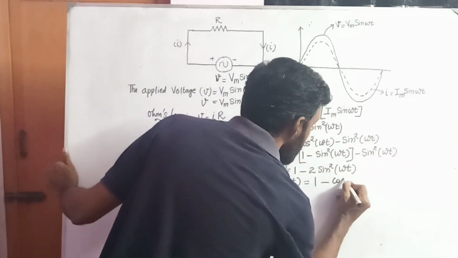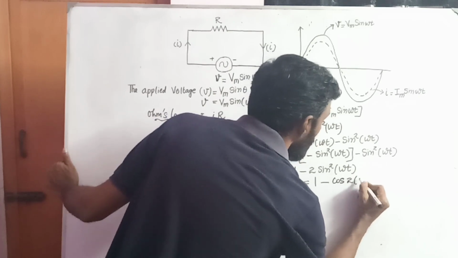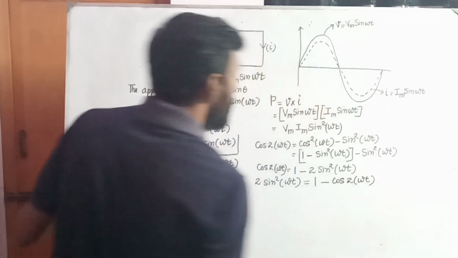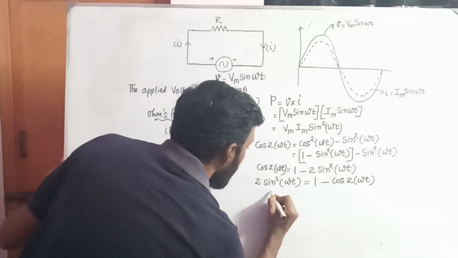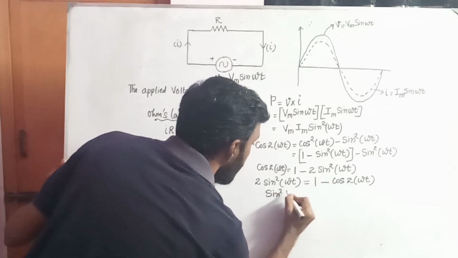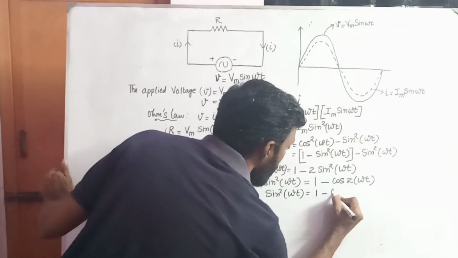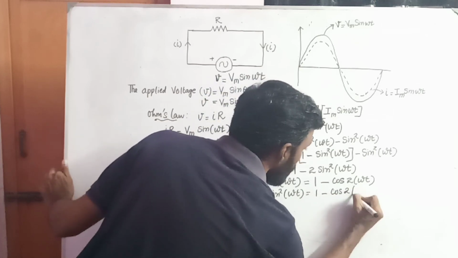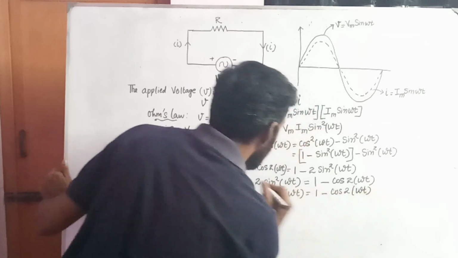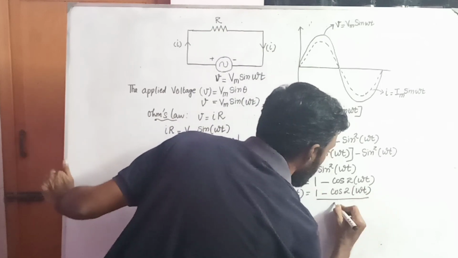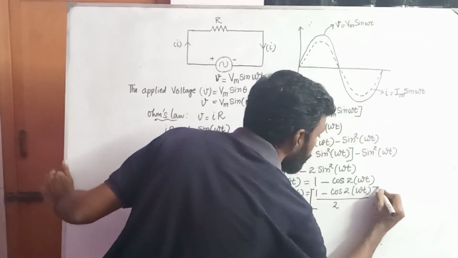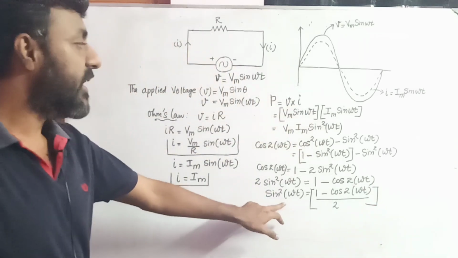So now sine squared omega t is equal to 1 minus cos of 2 omega t divided by 2. This is the value for sine squared omega t.